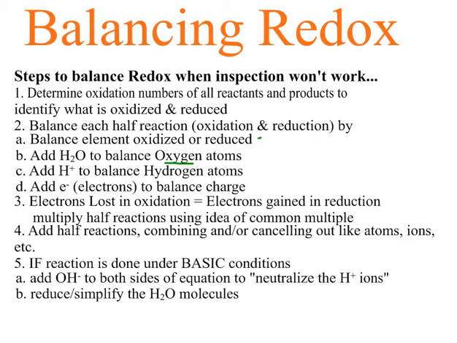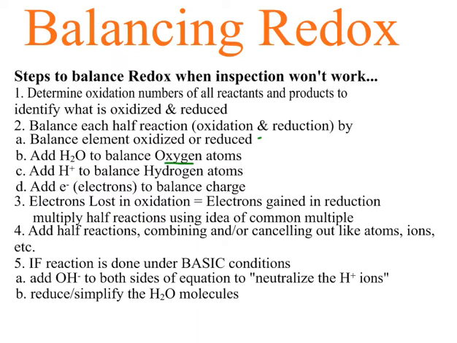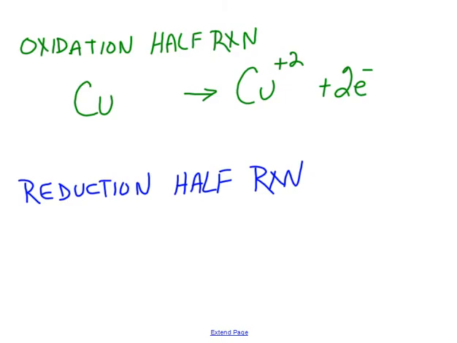The fourth step is to add electrons to balance the charge. Well, I can see that the total charge on the reactant side is neutral, on the product side is +2, and so in order to balance the charge, I need to add 2 electrons to the product side, so net, the total charge on the product side equals the total charge on the reactant side. If we do that same process for the reduction half reaction, we start with the element that is reduced, and that element is nitrogen.